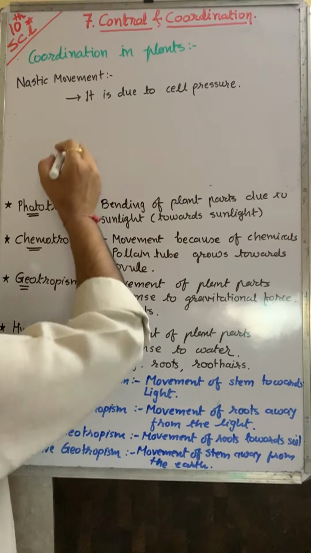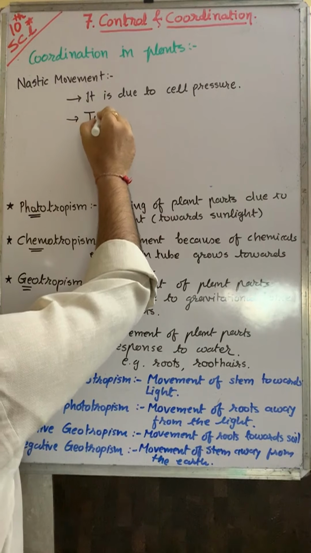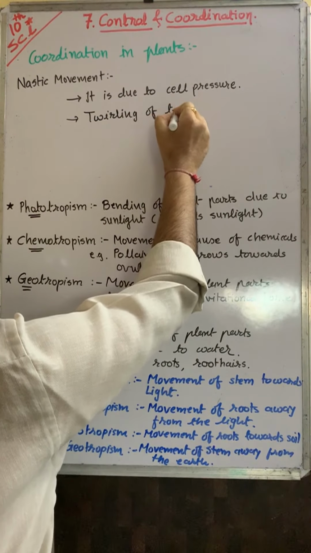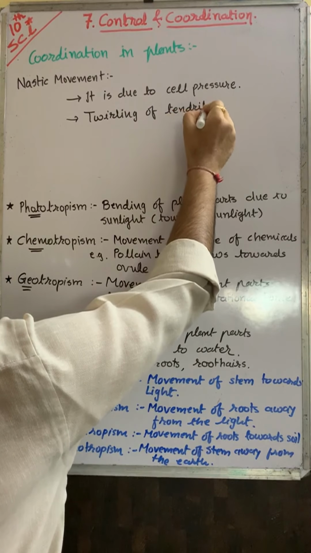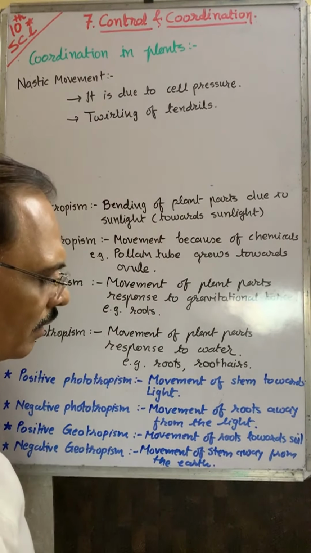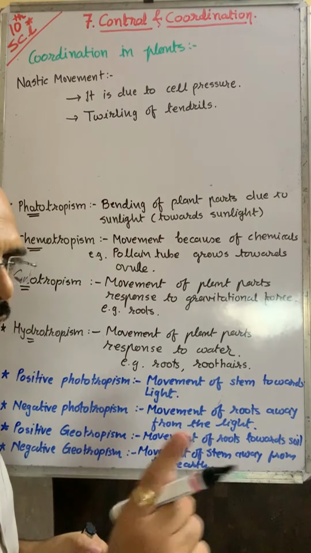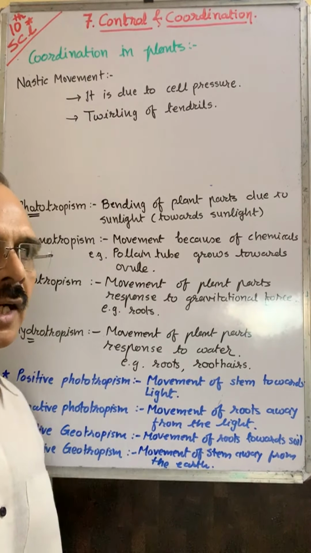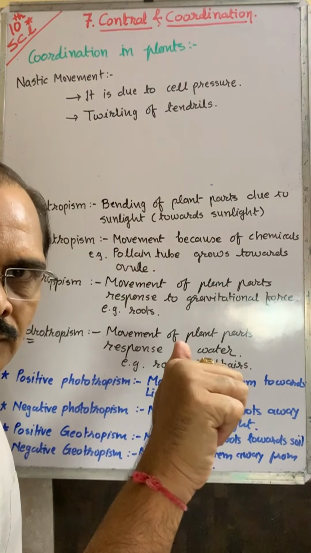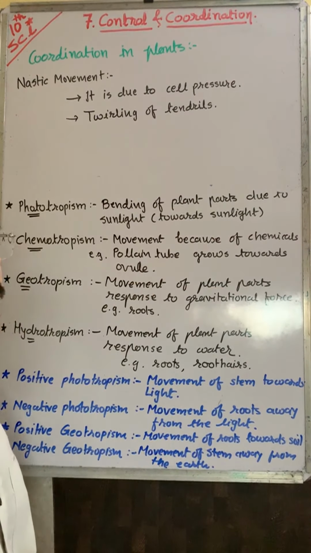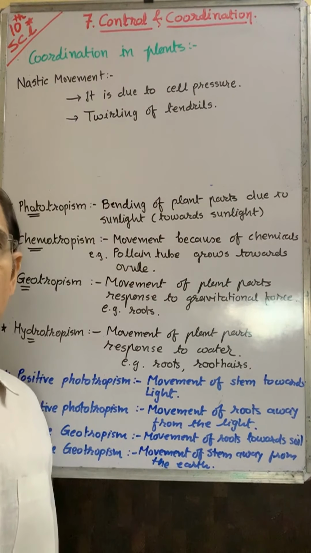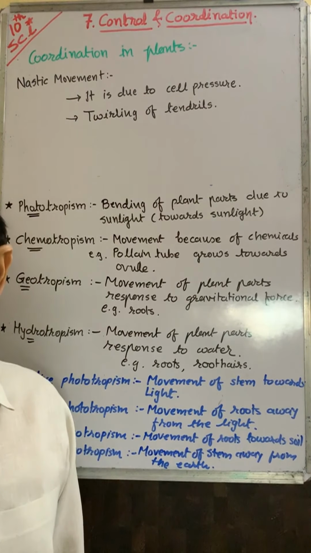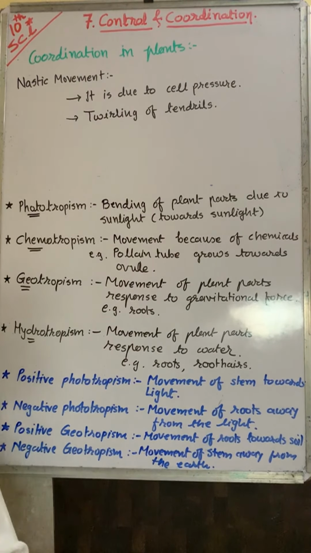As for example, twirling of tendrils. You have seen creepers, which move in a circular or spiral manner and try to hook onto the stem of a plant and then move up. So twirling of tendrils is the best example of nastic movement. This is because of cell pressure.